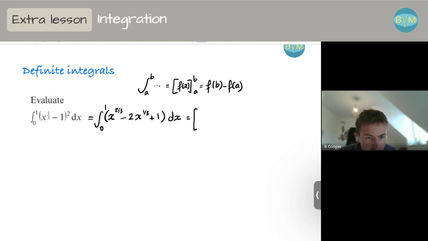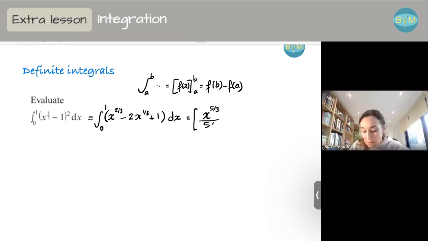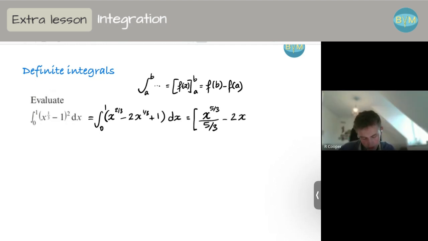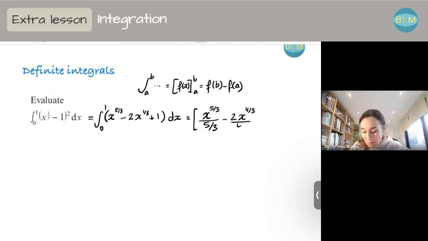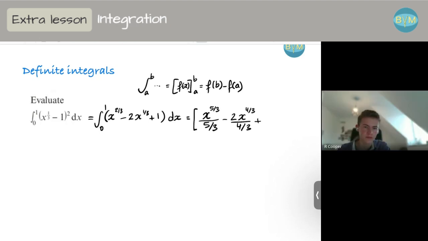Would you add 1 to the power for the first one and then divide by the new power? So 3 over 5 x to the power of 5 over 3? Exactly. I'm going to write this at the moment, and then we will swap the coefficients. What about the next one? Negative 3 over 2 x to the power of 4 over 3, which is dividing by 4 over 3. And then the next one? Plus x. Excellent. That's it.